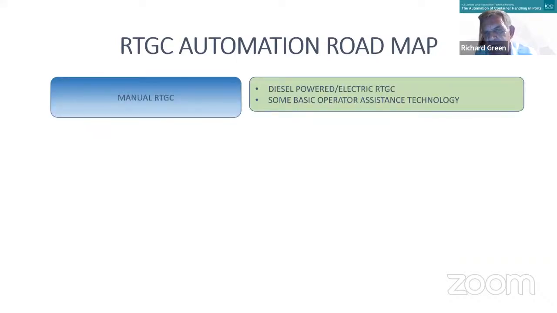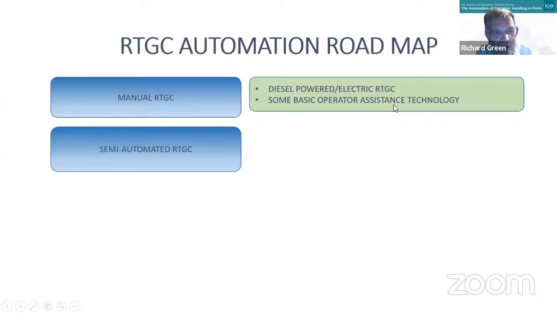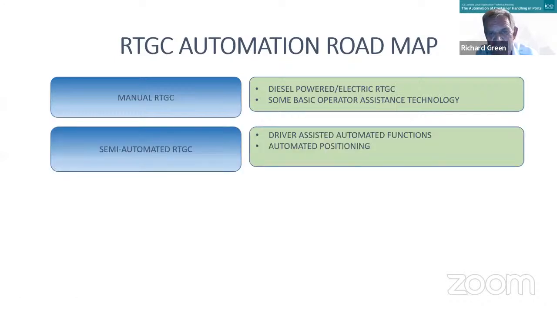The RTGC roadmap: manual RTGC, before diesel powered or electric RTGC, we're now going to electric because of environmental reasons. And with some basic operator assistance technology, things like ladders for him to get up and down. Semi-automated RTGCs, driver-assisted automated functions.